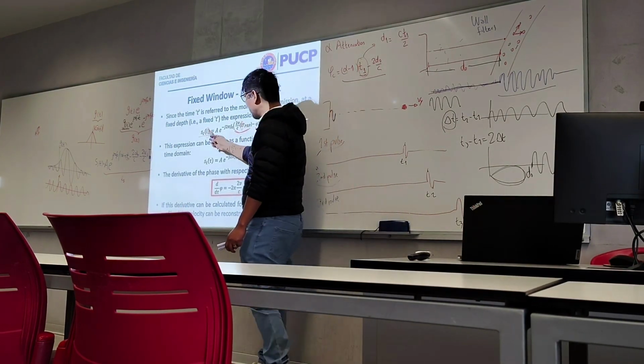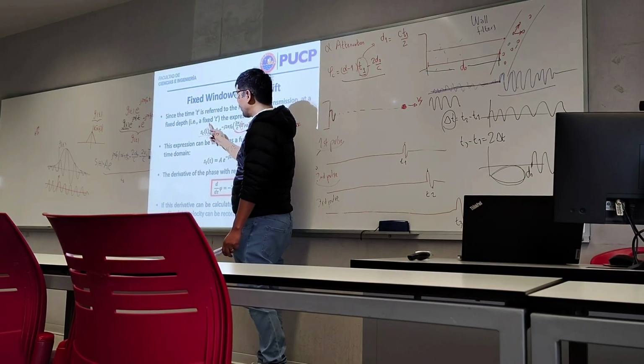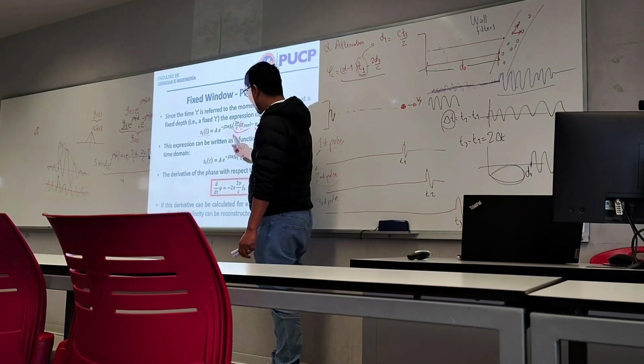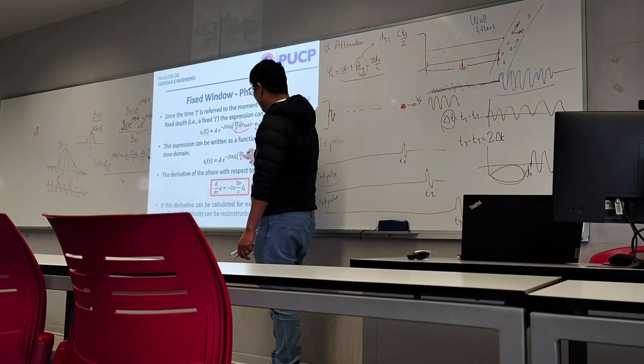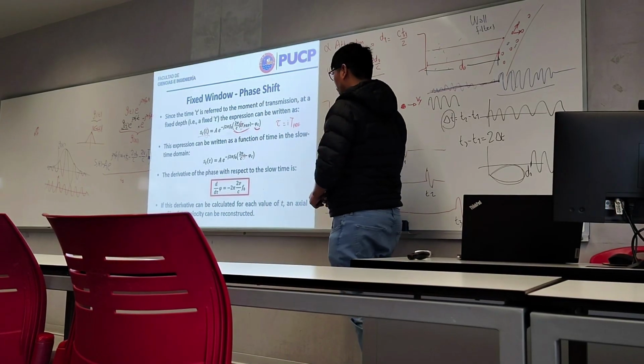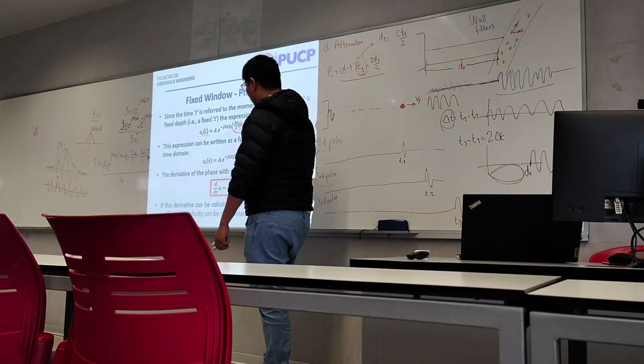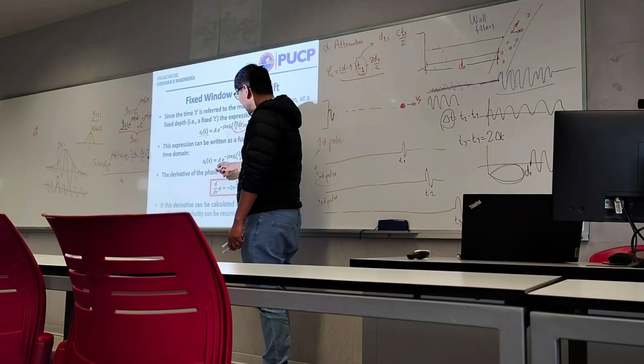So instead of thinking about number of pulse, we talk about time tau. Time tau. So everything the same except here. This I TPRF changed by tau. So the signal in the slow time has this form.